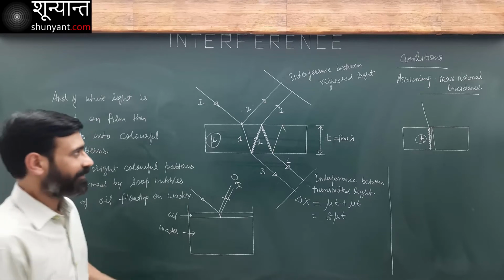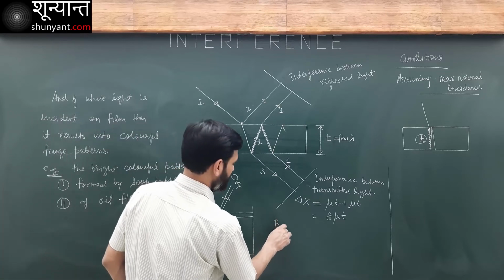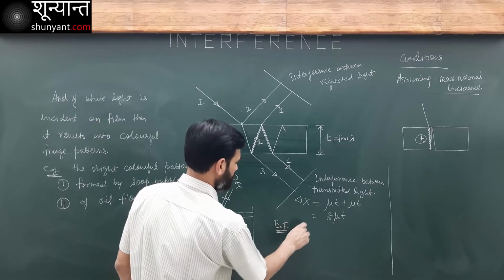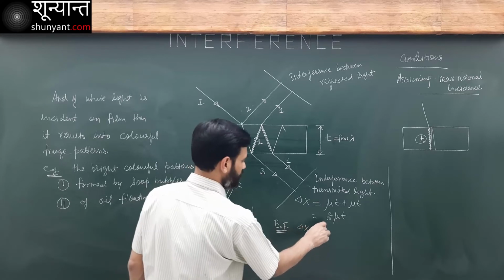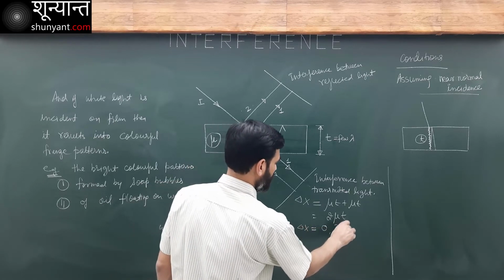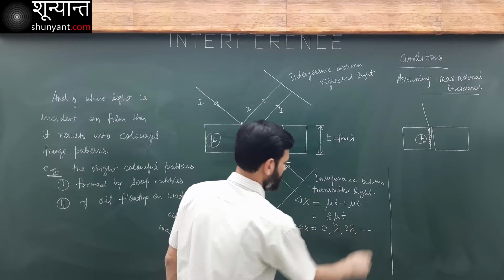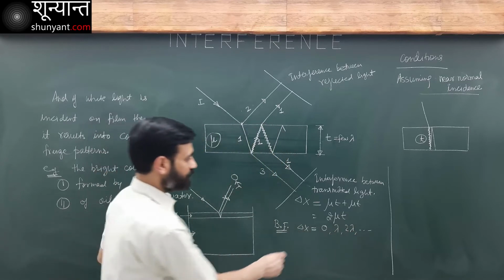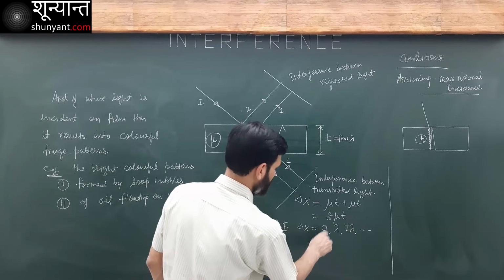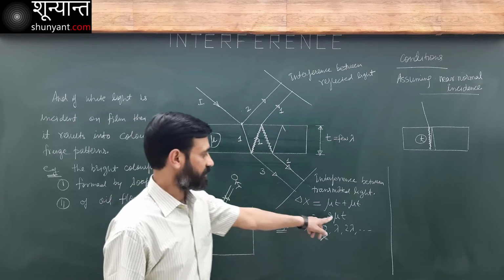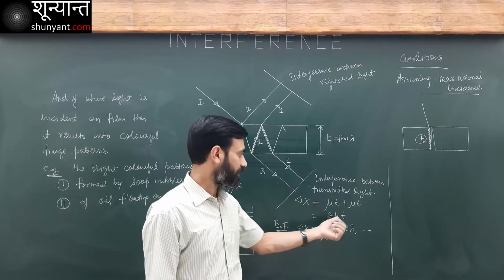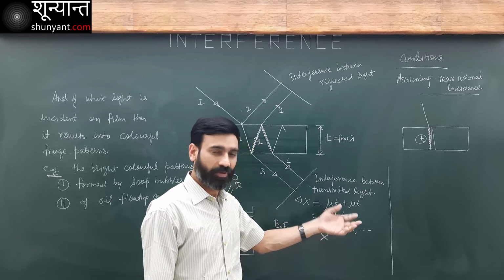Do you understand this? Now for bright fringe, this delta x should be equal to 0 or lambda or 2 lambda and so on. 0 is not possible.